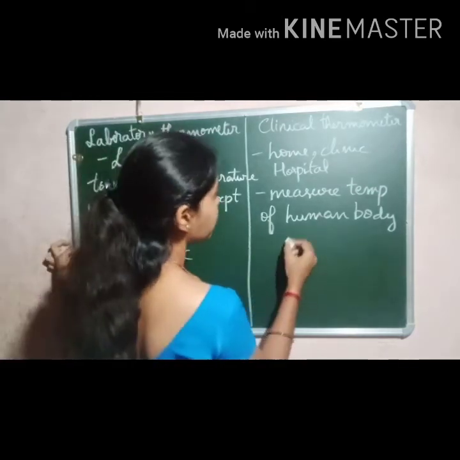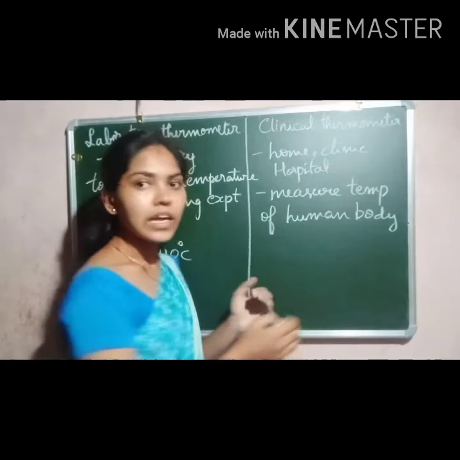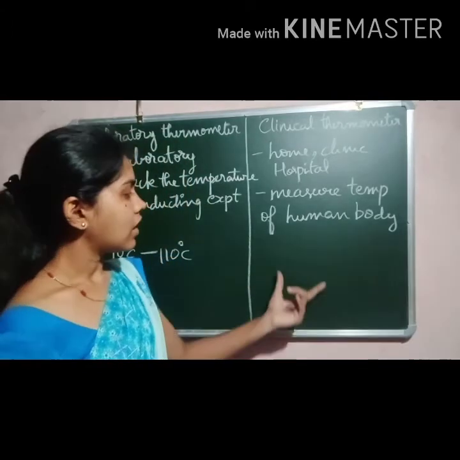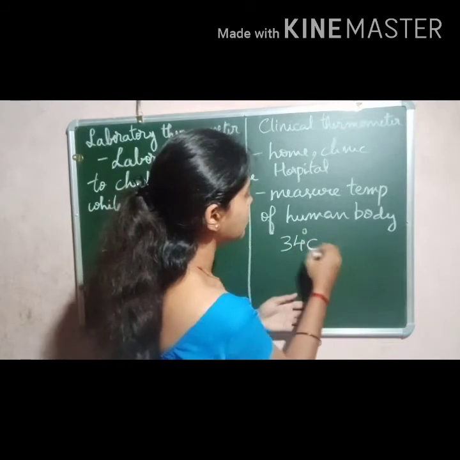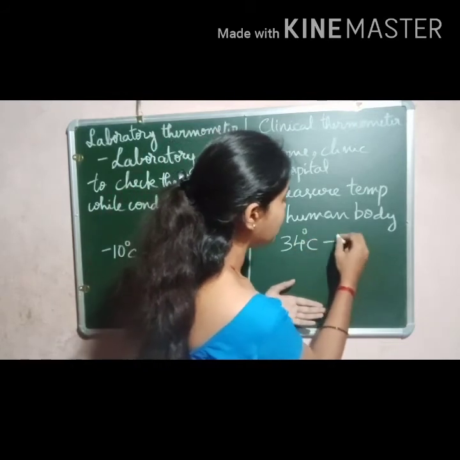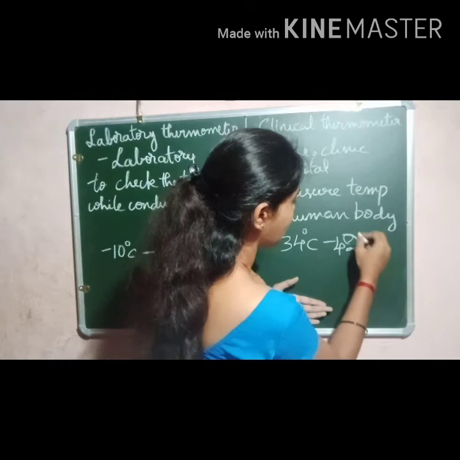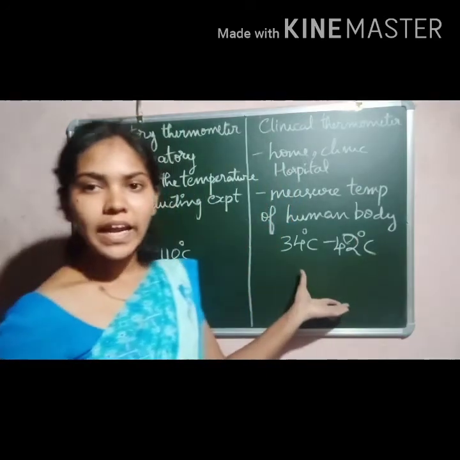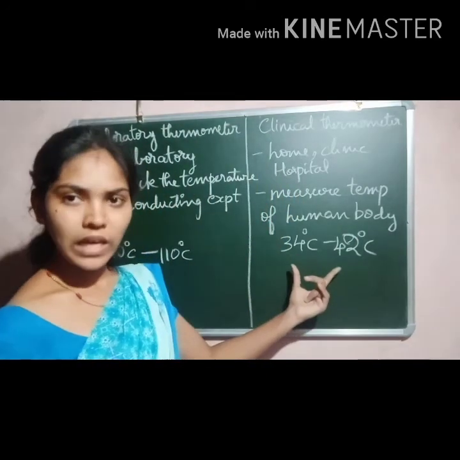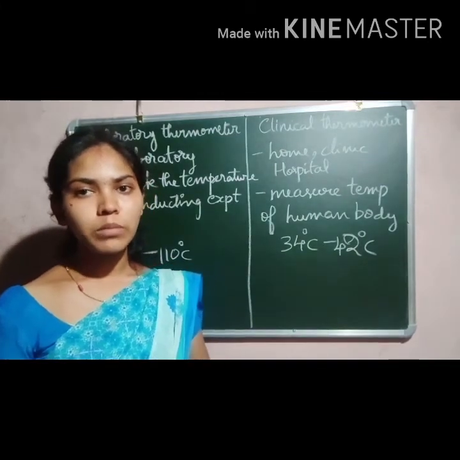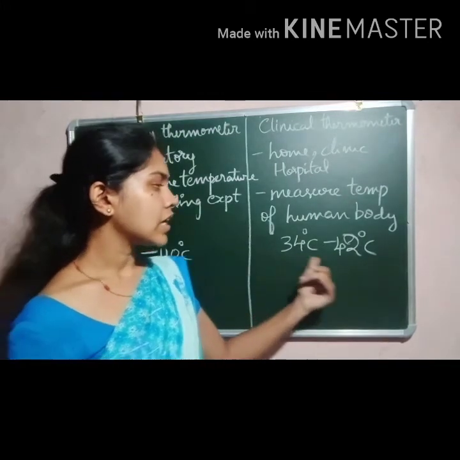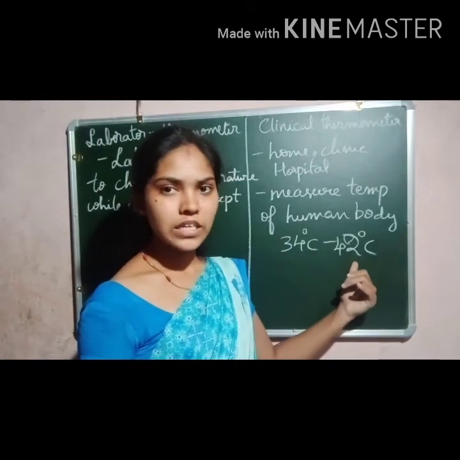In the clinical thermometer, the temperature ranges between 34 degree Celsius to 42 degree Celsius. Why is it so small? Because the temperature of the human body varies between 34 degree Celsius to 42 degree Celsius.